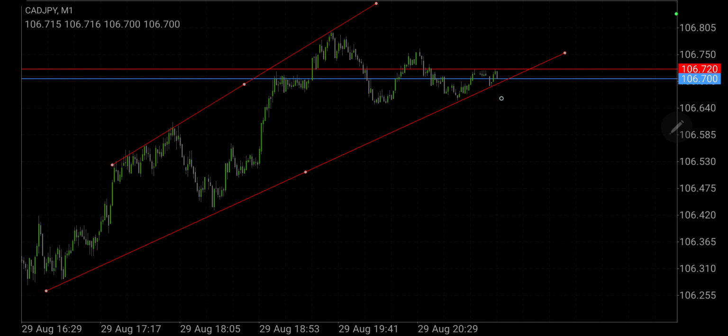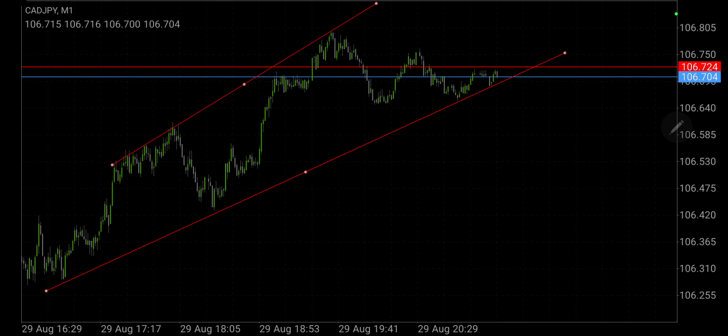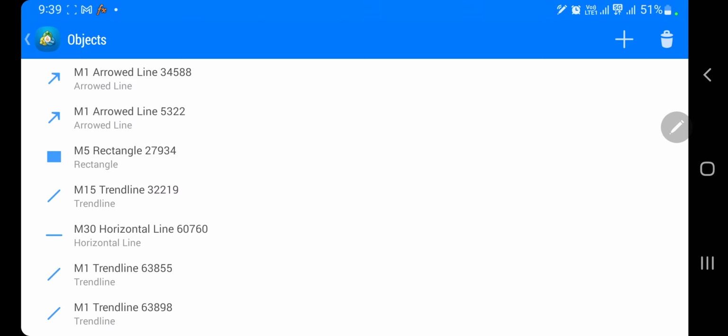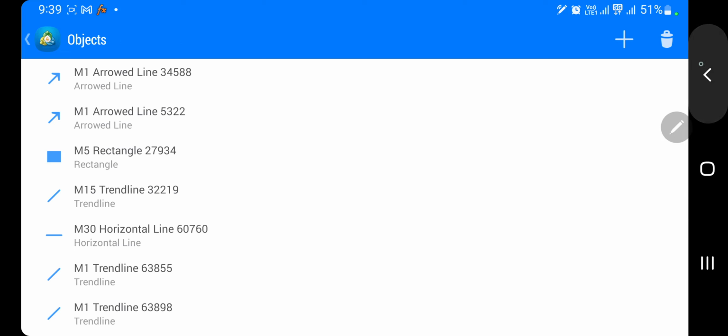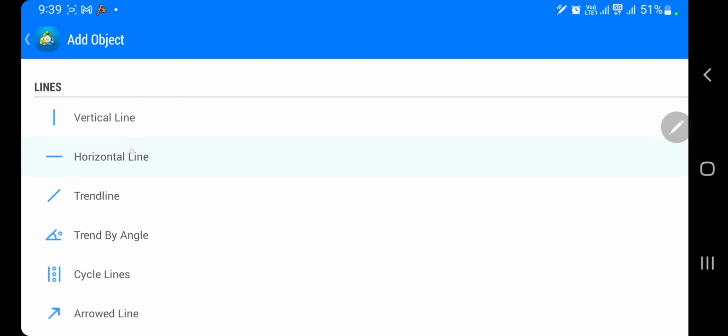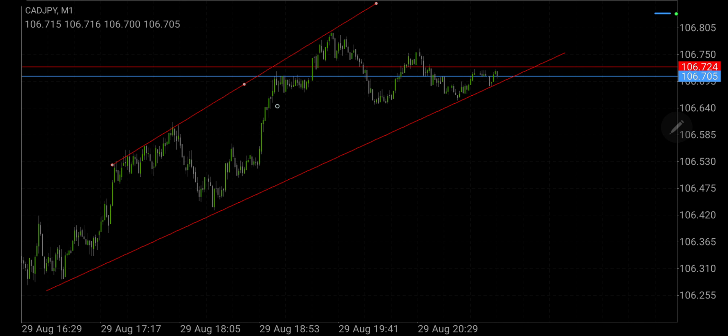But from here, this trend line hasn't broken yet, it still exists. You have to know about this area, so let me bring the horizontal line so you can see it easily. I'm going to put it on this support and resistance area.